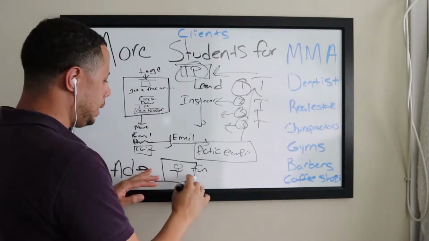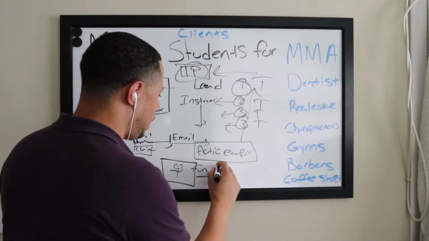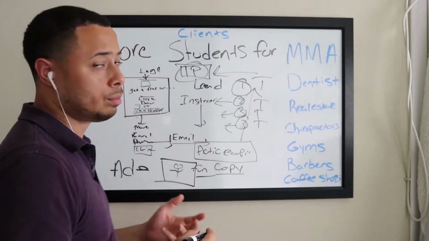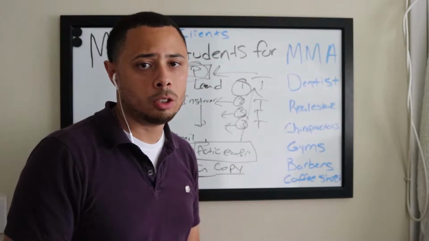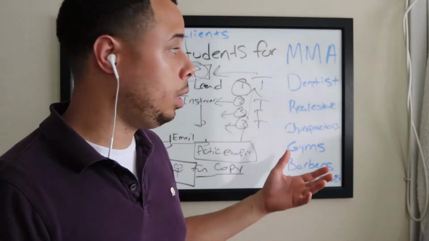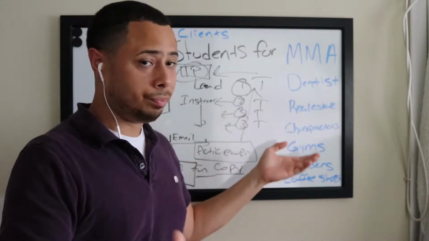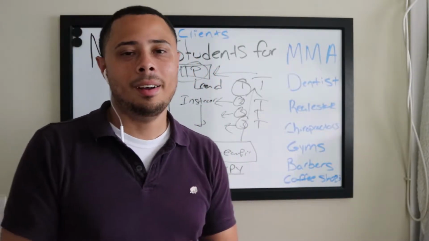And basically for the copy, I'll just put copy. Hey, would you like your son to have more discipline, self-respect, and also would you like them to defend themselves? Well, you need to come to Mom and Pop's MMA or Bob's Karate Mart. I really don't know, whatever.